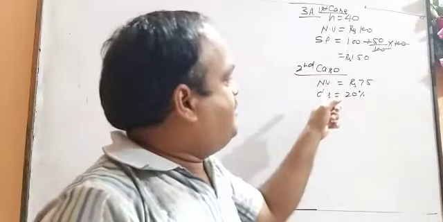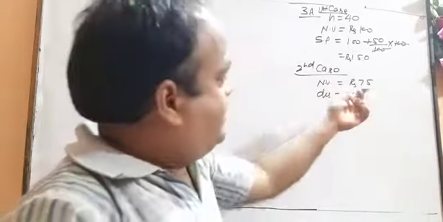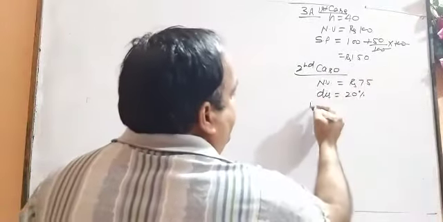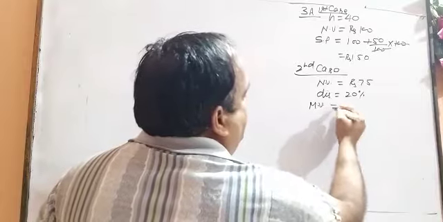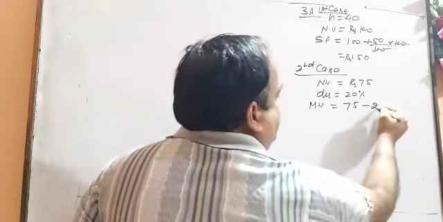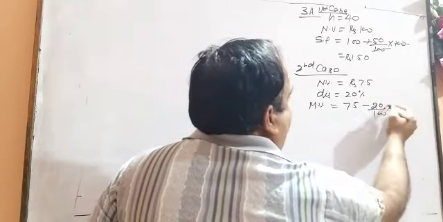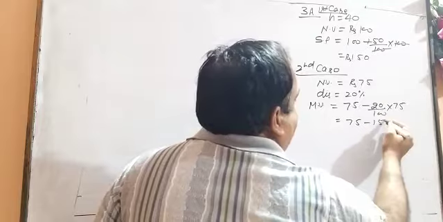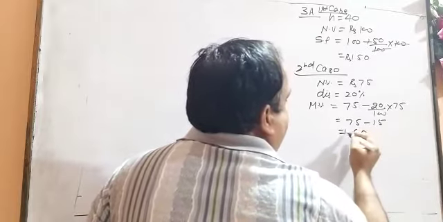So market value is equal to 75 minus 20% of 75, 75 minus 15, 60 rupees.